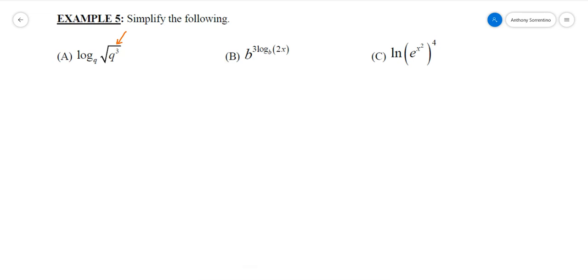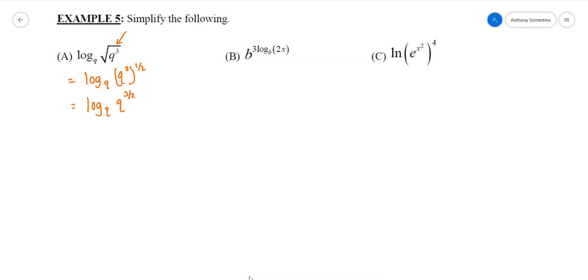And I can even go a step further to justify why what we did before was valid. When I look at this, q to the third power square rooted is the same thing as the log base q of q to the 3 raised to the 1/2 power, which is the log base q of q to the 3/2 power.